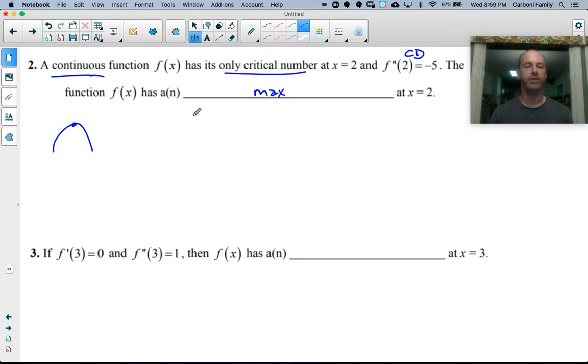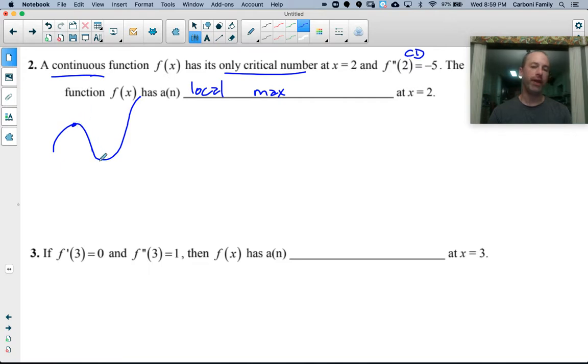Now the question: is it local and absolute? It's definitely going to be a local max because it is a critical number where the second derivative is negative. That's your second derivative test. Is it an absolute max? Yes, it has to be, because the only way it wouldn't be is if the continuous function turned around and eventually went higher than that point.